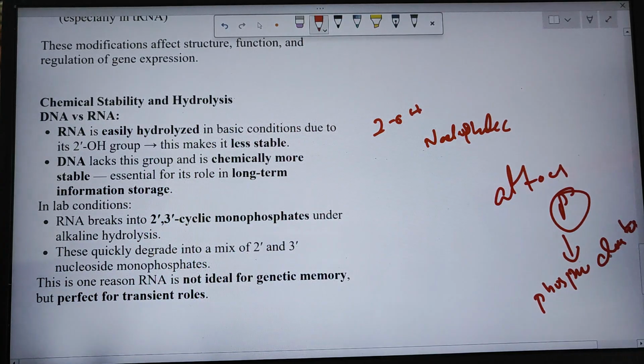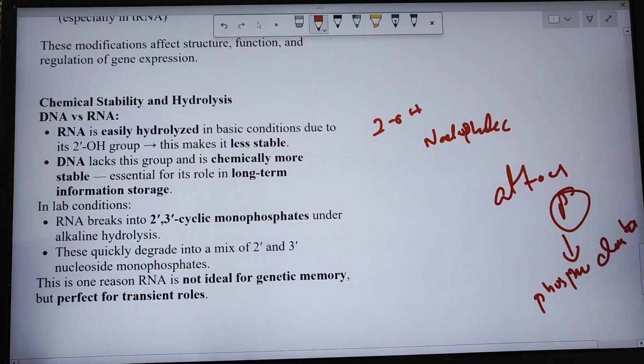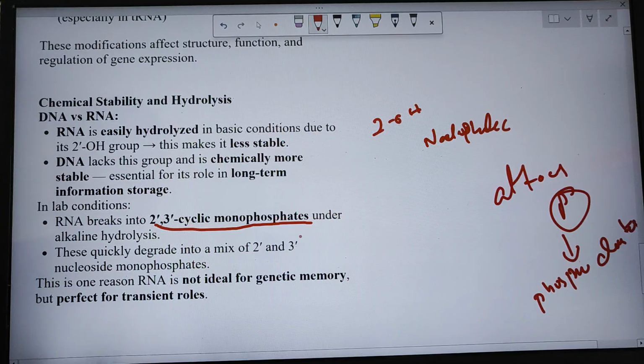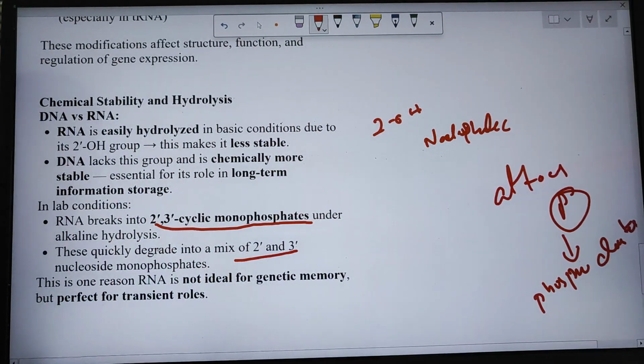Because of this nucleophilic attack, it leads to the formation of 2,3 cyclic monophosphates, and these cyclic monophosphates quickly degrade into a mixture of 2 and 3 nucleoside monophosphates. Got it? This makes the RNA molecule unstable, because it is easily degraded due to the presence of the nucleophilic OH group at the carbon number 2.